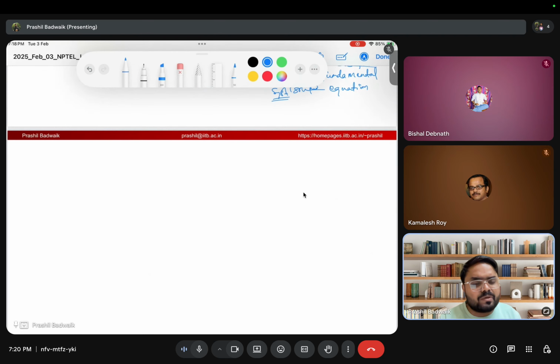The same can be represented differently. Y minus c equals mx.